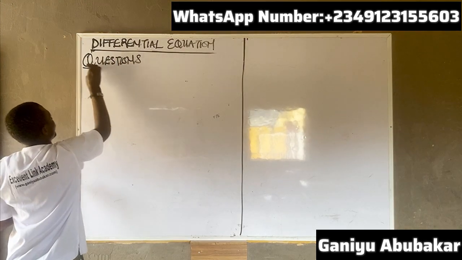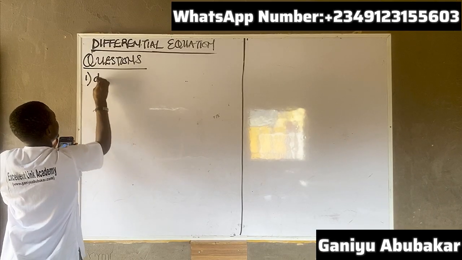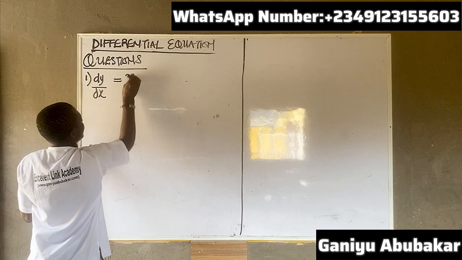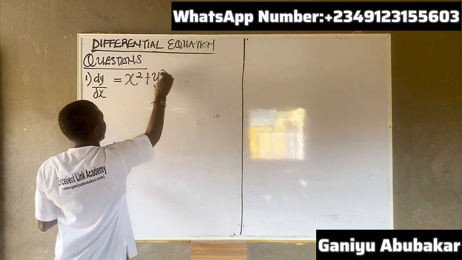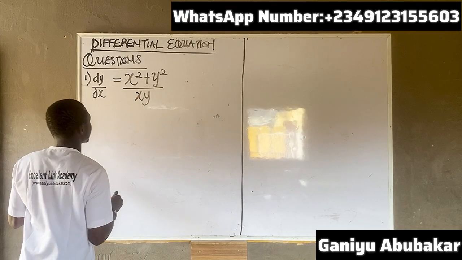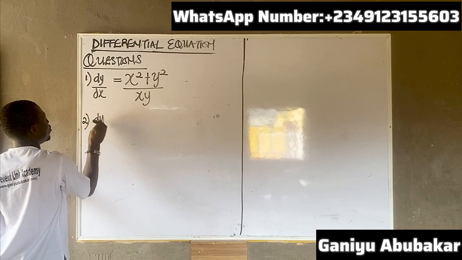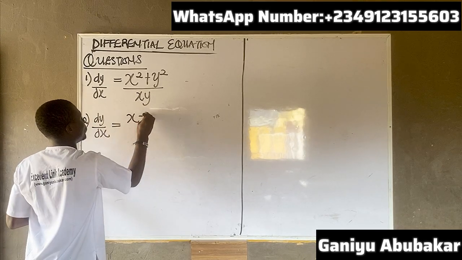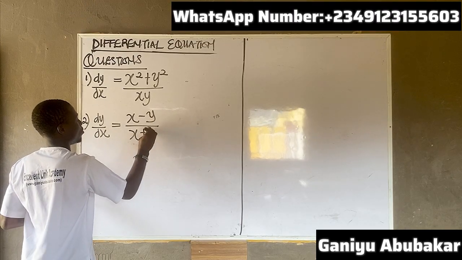The questions we're looking at: number 1, I have dy over dx is equal to x squared plus y squared all over xy. Number 2, I have dy over dx equals x minus y all over x plus y.